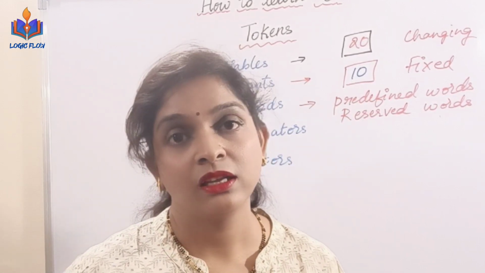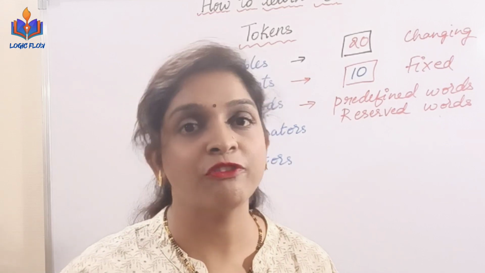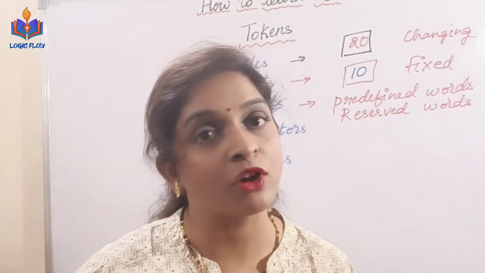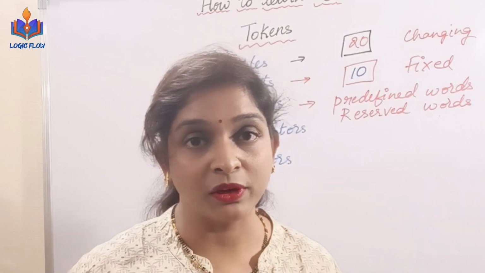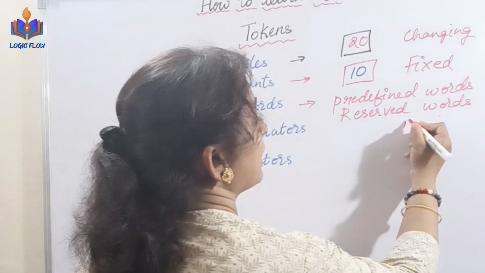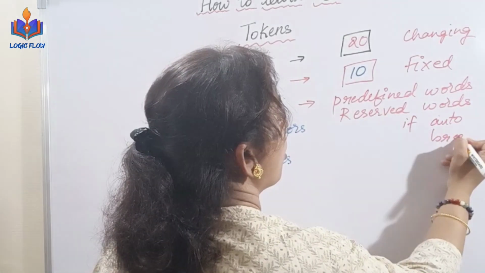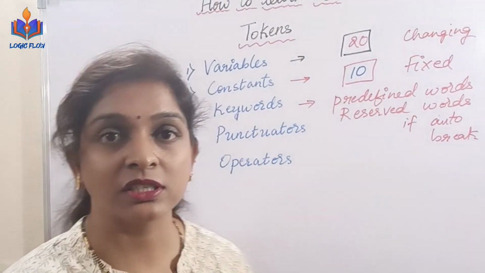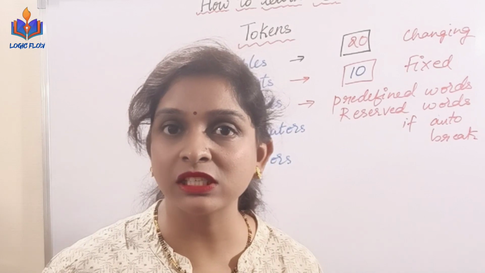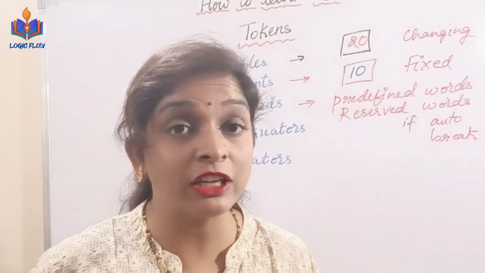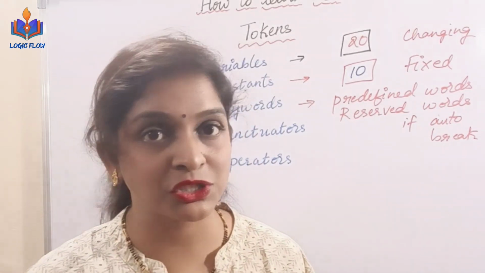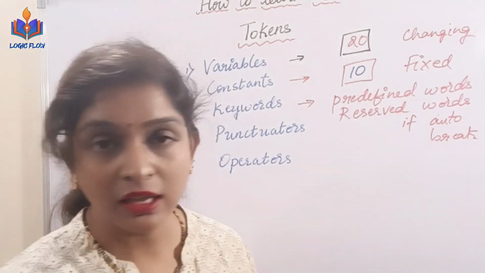We have to just utilize those words according to the requirement of our program. So we have something like if, auto, break. All these are keywords. We'll simply use those words in our program as we require. We need not define what those words have to do. That is what keywords are.